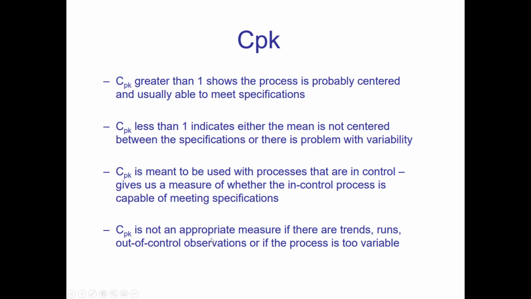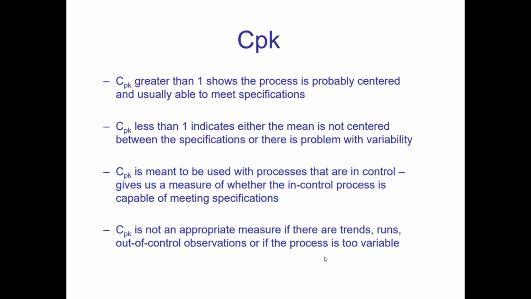So Cpk is not an appropriate measure if there are trends, runs, out-of-control observations, or if the process is too variable. So the most important drawback or disadvantage of Cpk is that if there is some fluctuation in the data, if the data is not refined, if the data is not so smooth, then the Cpk result will not be so good.